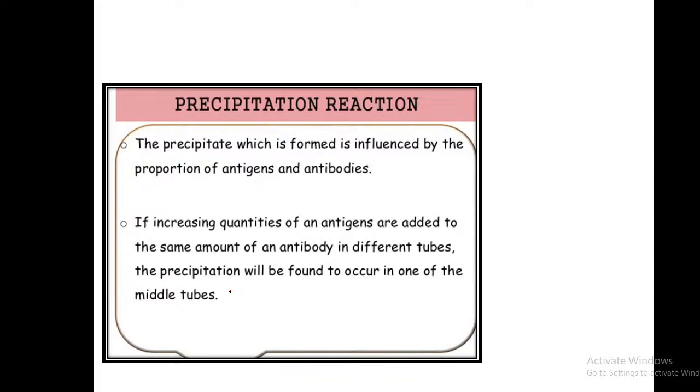Depending on the interaction between the antigen and antibody, a precipitate is formed. What is a precipitate? If you are taking a test tube and add two solutions, a precipitate will be formed at the base. That is what is known as precipitation.